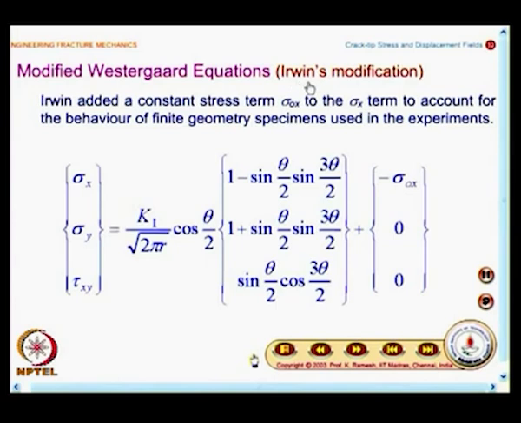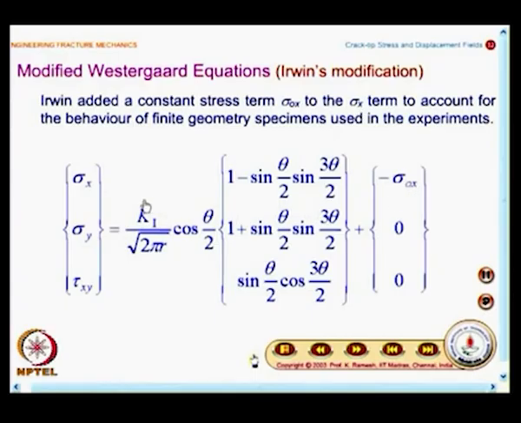In fact, while interpreting the results of Wells and Post, he added an extra term to the sigma x stress term: you have a quantity minus sigma naught x.